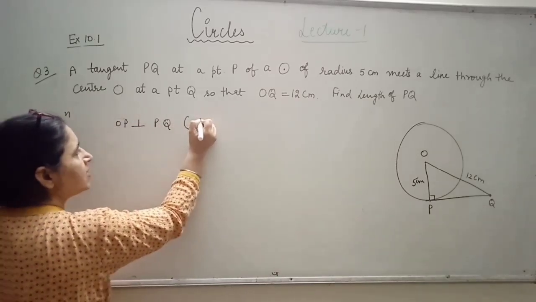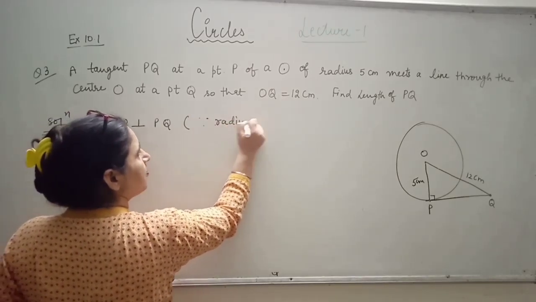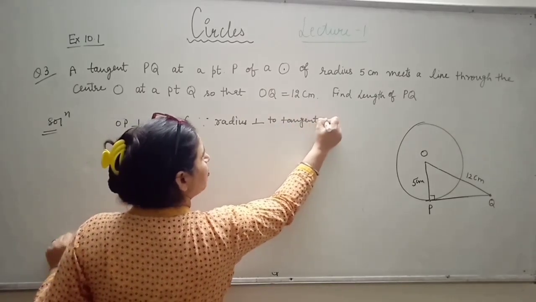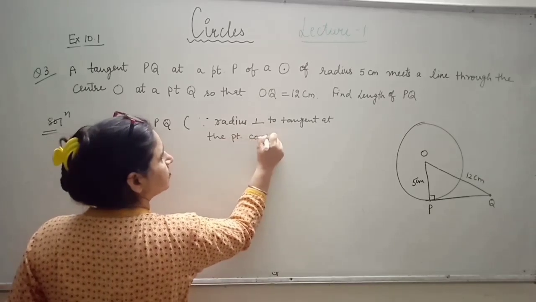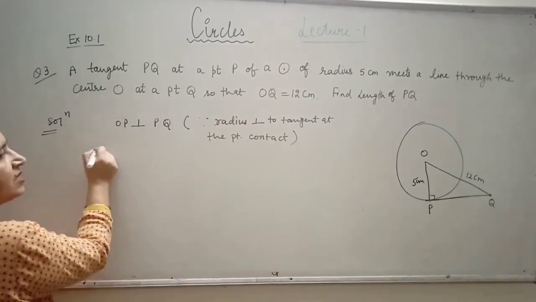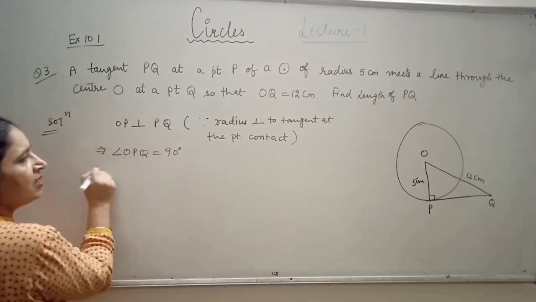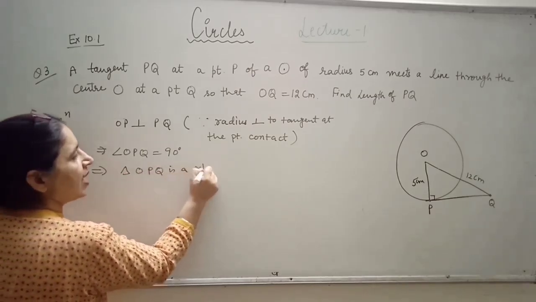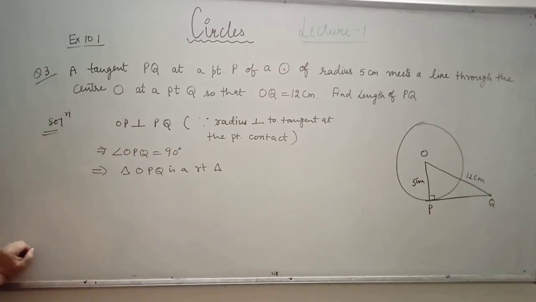Why? Because radius is perpendicular to tangent at the point of contact by theorem 10.1. This implies angle OPQ is equal to 90 degree. This implies triangle OPQ is a right triangle.